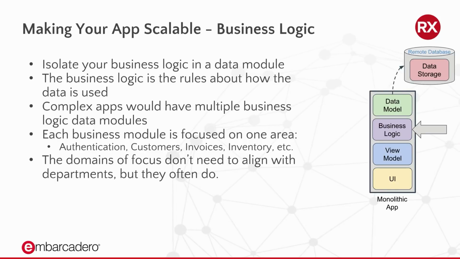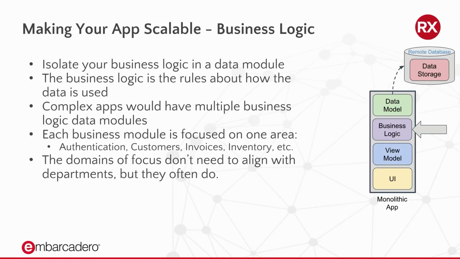Or rules about how data can be changed. The data model would be things like this data is related to this data, for example. Whereas the business logic is like saying if you change this, then it has to produce some other changes, or a change happens and there has to be logging, or who can change what, stuff like that.